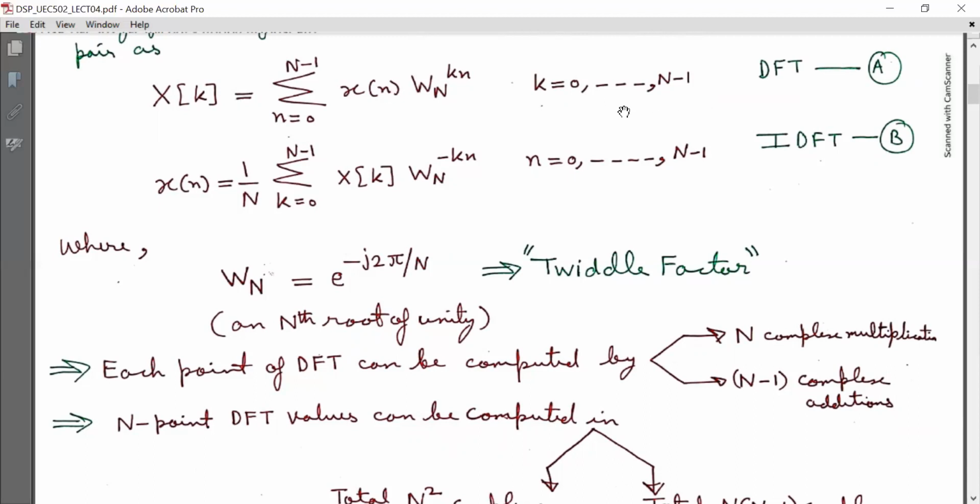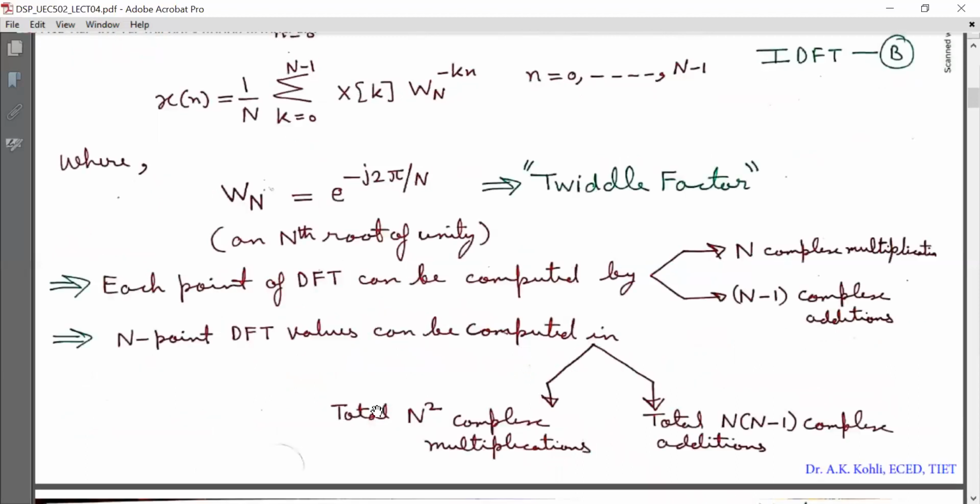Now, if I look at this, k is ranging from 0 to capital N minus 1, that is an indicator of frequency components. So N point DFT values can be computed in total N square complex multiplications, that is N into N, and total N into N minus 1 complex additions.